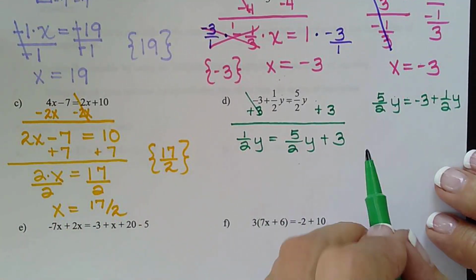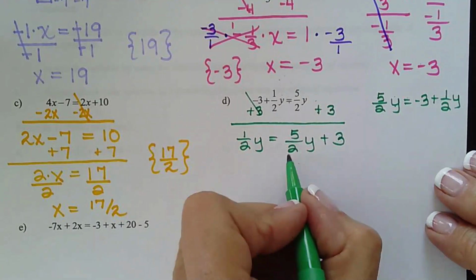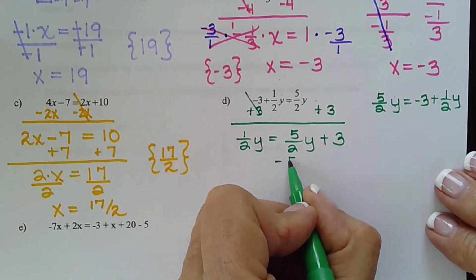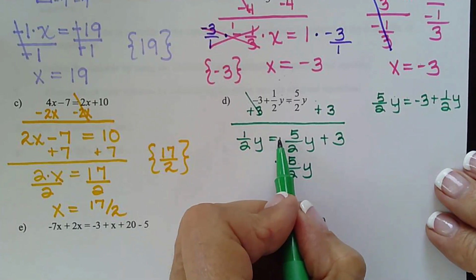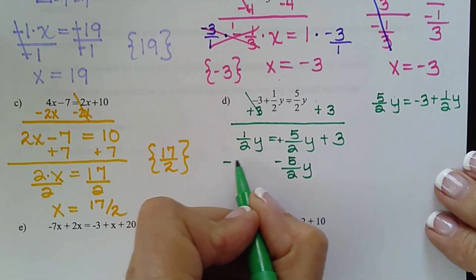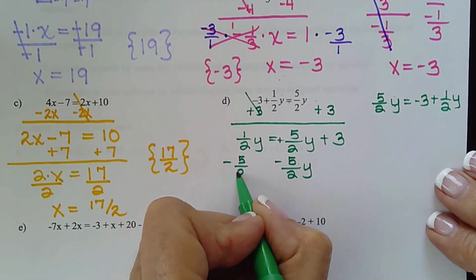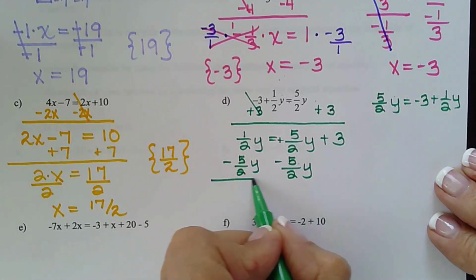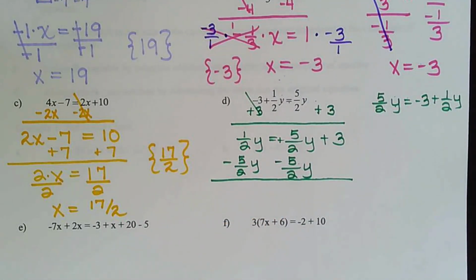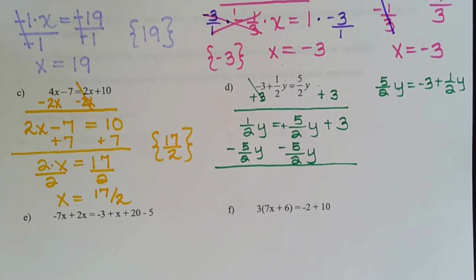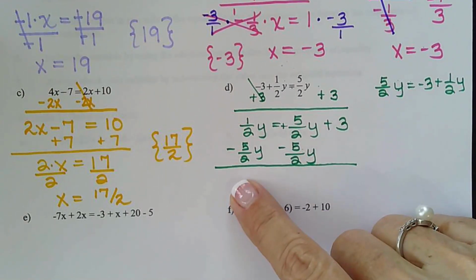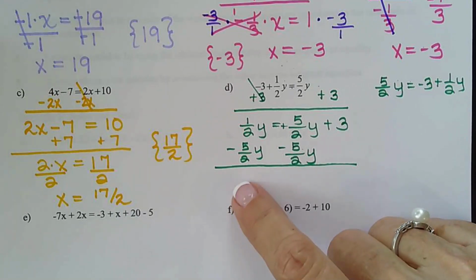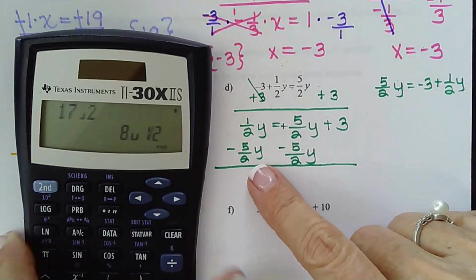Okay, so we have our constant on the right. Now we need all of our variables on the left. So the opposite of plus 5/2 y is minus 5/2 y. And you can put that in your calculator, or you can do it in your head. 1/2 minus 5/2 would be -4/2 y, which is -2y, but that's kind of a lot to do in your head.